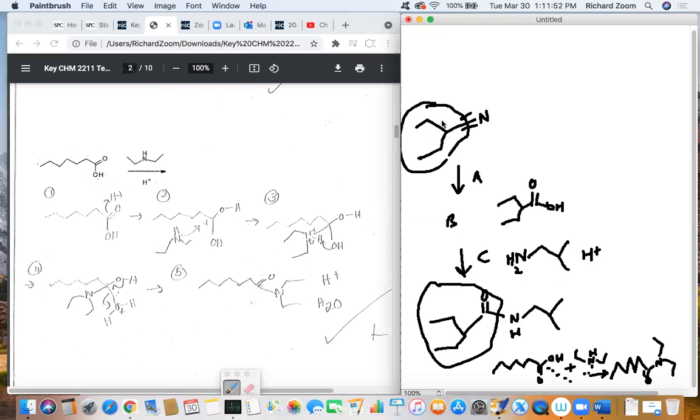Okay, now what I want to know is how you feel about the figuring out of B and C. How do you feel about how I got B and C based on that reaction?